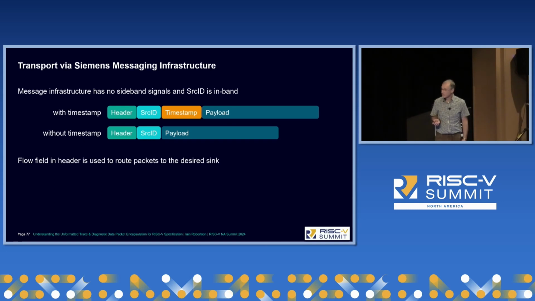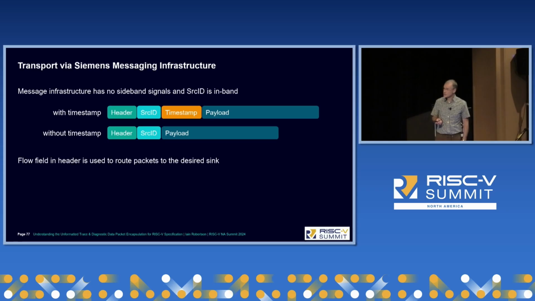In this case, the flow field is used to route packets, so you can have multiple different trace sinks active in the system. You might be sending some things to an external interface, other things might be going to an on-chip RAM, and they could be transported over the same infrastructure. And so that allows you to do that.